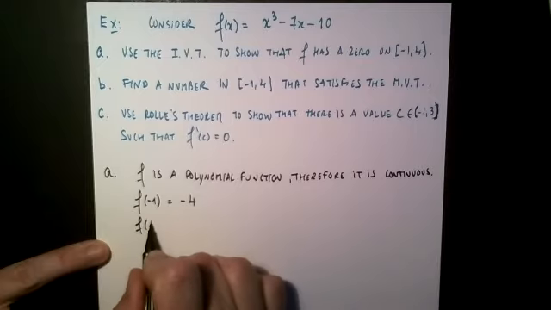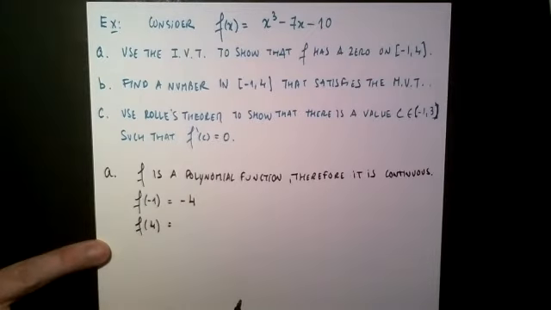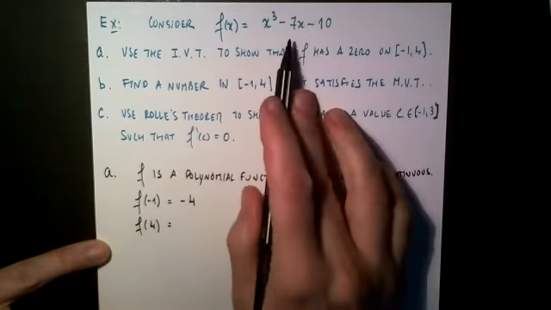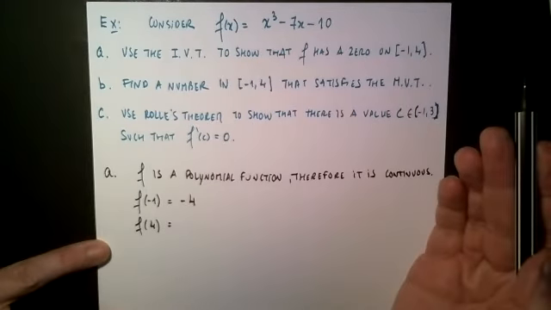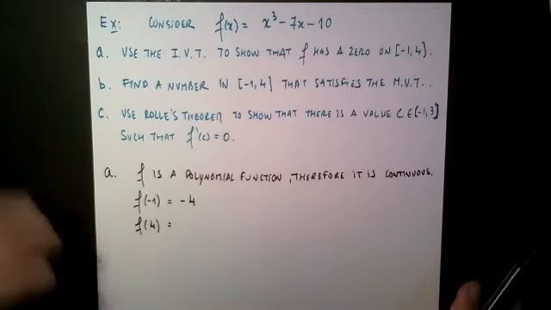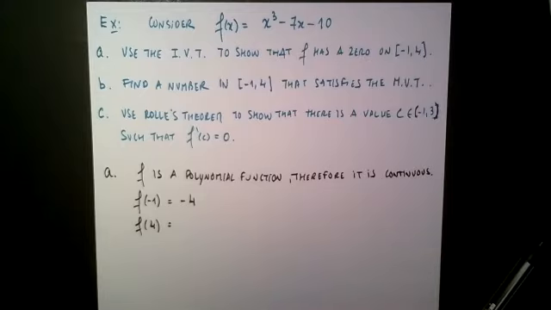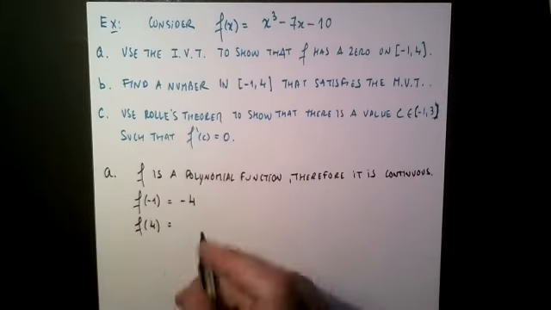And f of 4 is what? 64 minus 28 minus 10. So I get 26.